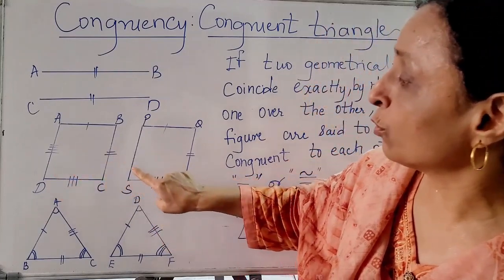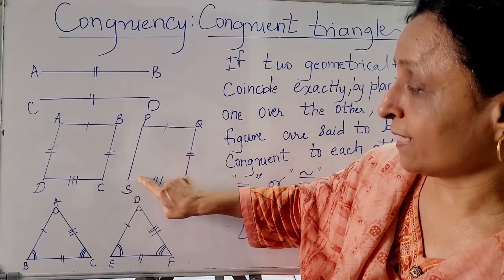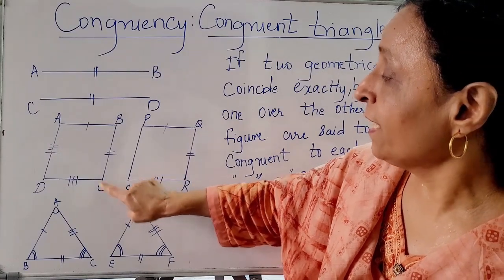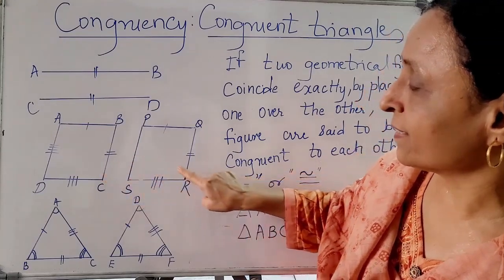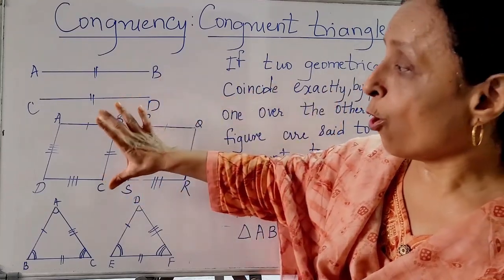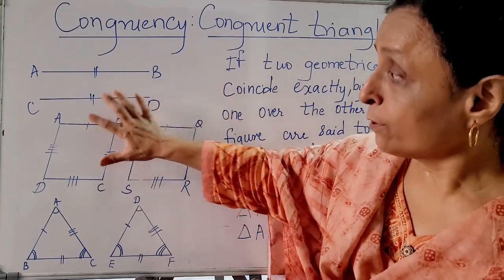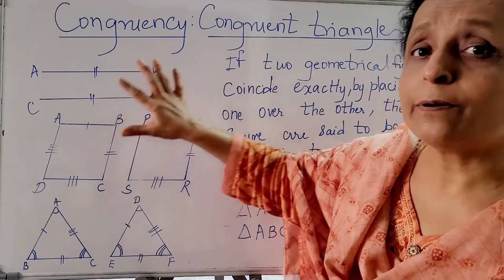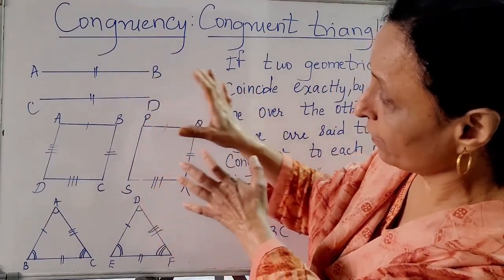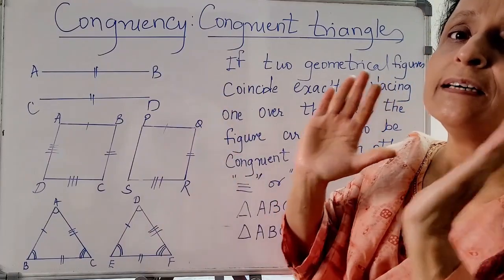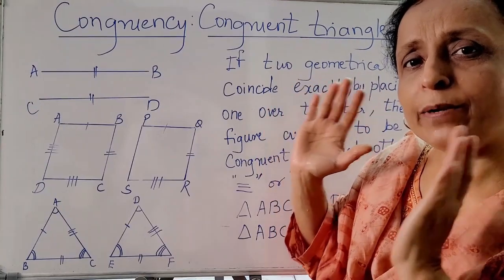D has to correspond to S, and C has to correspond to R, the angles will be exactly the same. So all the corresponding sides and corresponding angles have to be equal. So when the figure is placed one above the other, they coincide exactly and therefore it becomes congruent.